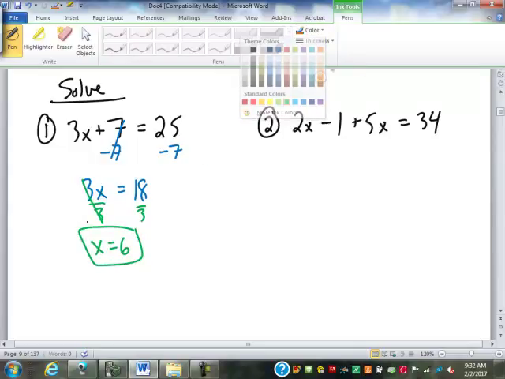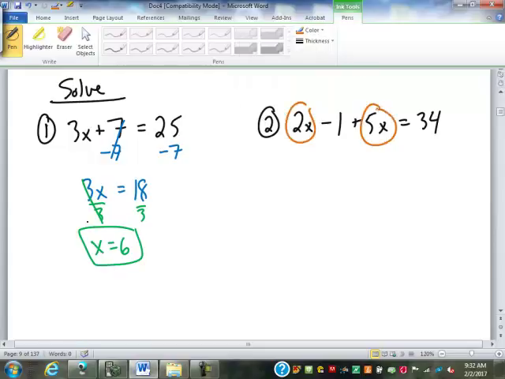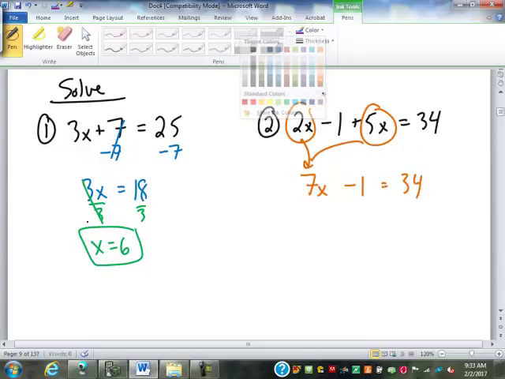Over here, what do we have to do first? We have to combine the 2x and the 5x. They're on the same side, so we can just combine them together, which makes 7x minus 1. And now we can add the 1, yes. Remember, we always have to combine and simplify so that the variable only appears once before we can actually start taking it apart.